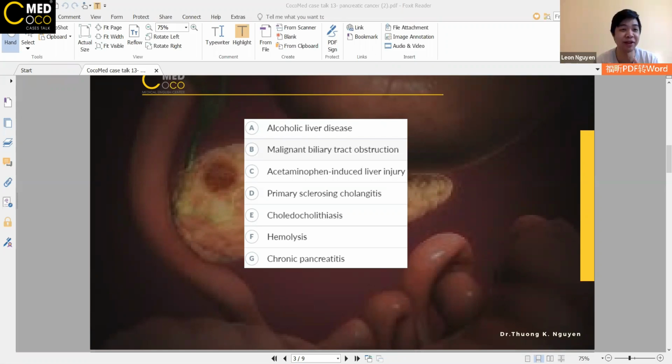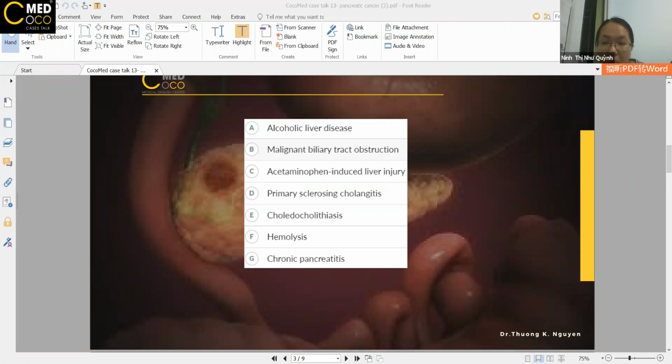And it's also associated with what type of cancer? Pancreatic cancer. Close. It also starts with a C. Colon cancer?